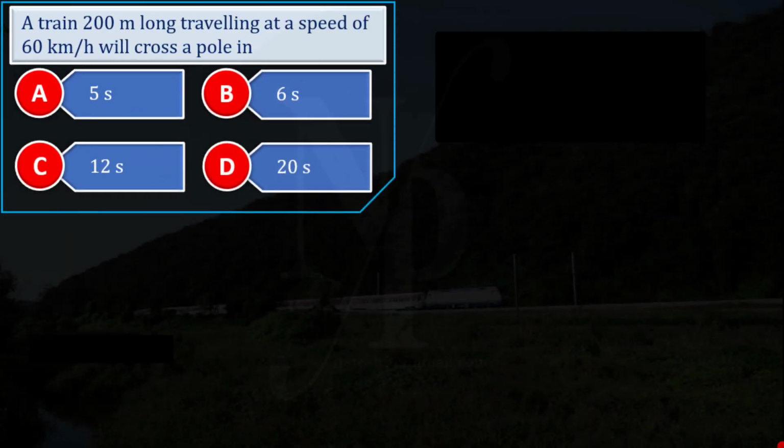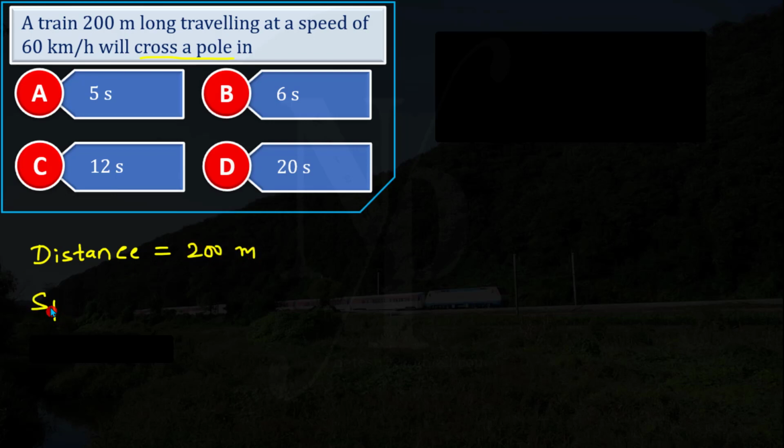The distance traveled by the train with a speed of 60 km per hour to cross a pole should be taken as the length of the train itself. So I write distance traveled by the train, distance is equal to 200 meters, and the speed of the train is 60 km per hour.